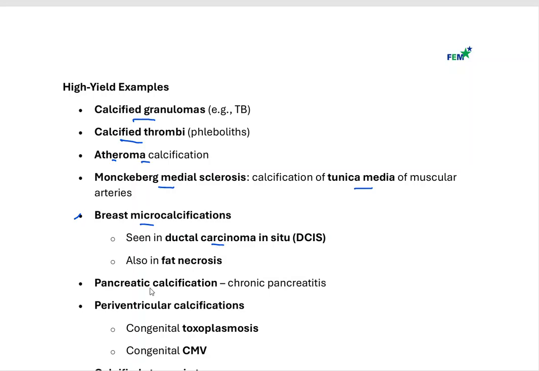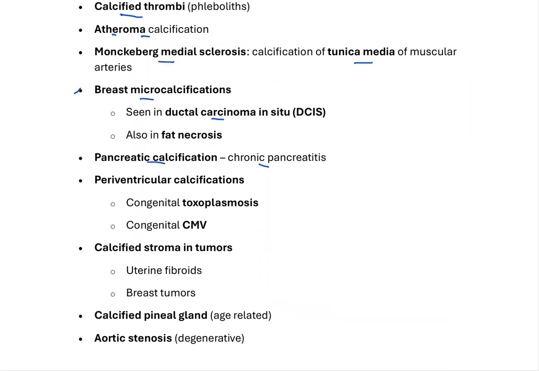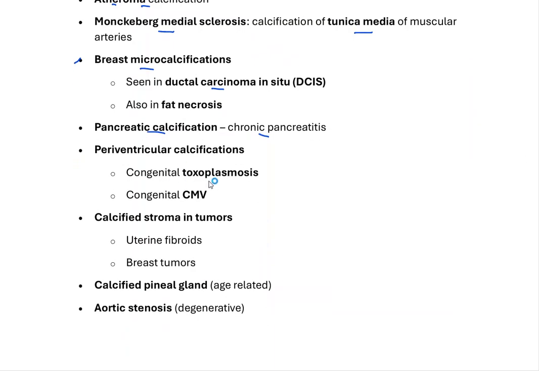Next is pancreatic calcification in the setting of chronic pancreatitis. So if you see an image showing calcification of the pancreas, always think of chronic pancreatitis. Next is ventricular calcification in the setting of congenital infections like toxoplasmosis and CMV.